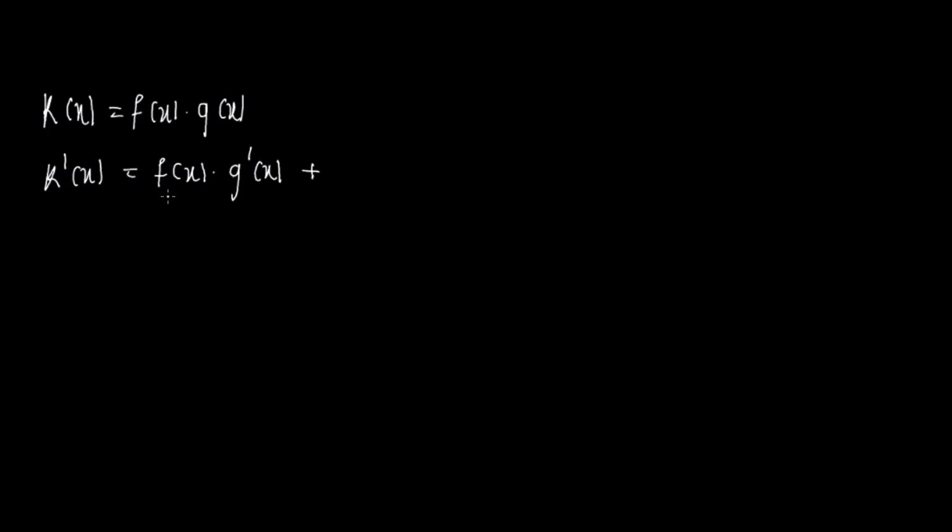Now we keep g of x fixed, then we differentiate f of x. So we're going to say this is g of x times f prime of x. So this is the product rule, but we are going to derive it using the first principle.